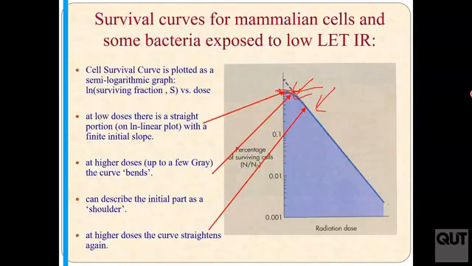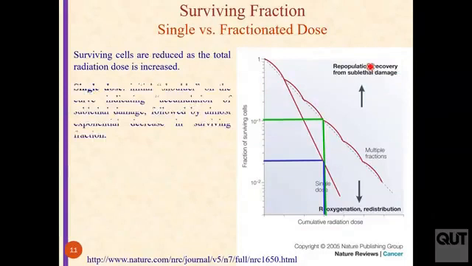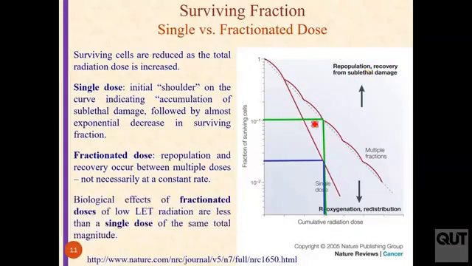Now we can use that to work out our fractionation of the dose. If we have a single dose of a particular radiation, we'll follow this line down here. But if we split a total dose into multiple smaller doses, the shoulder up here comes into effect multiple times, and you can get a much higher survival.